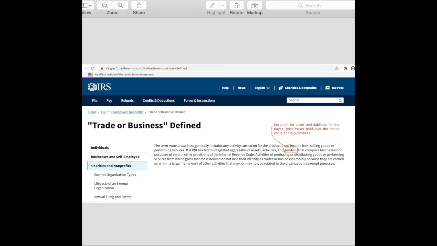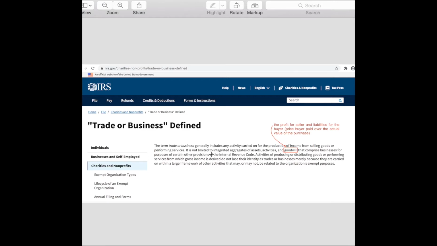The term trade or business generally includes any activity carried on for the production of income from selling goods or performing services. Now again, we see that the term trade or business generally includes, again, this is not the full scope of what they define trade or business as, but they are able to leave this door open so that they can categorize other things as trade or business.